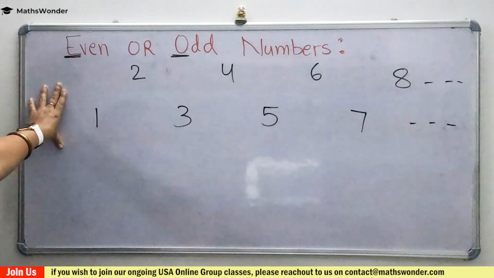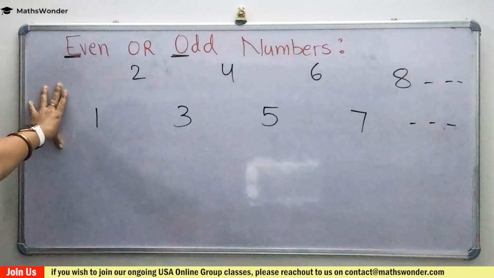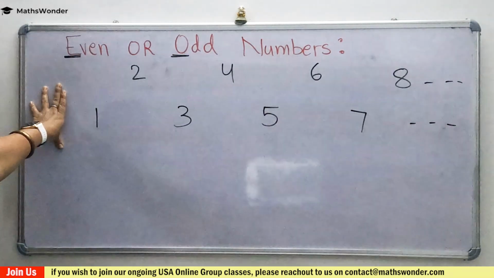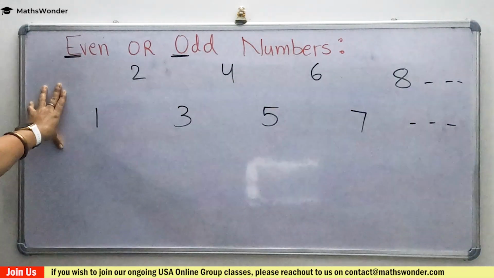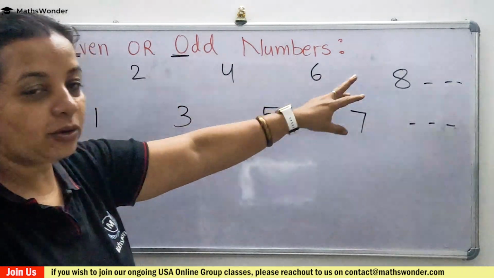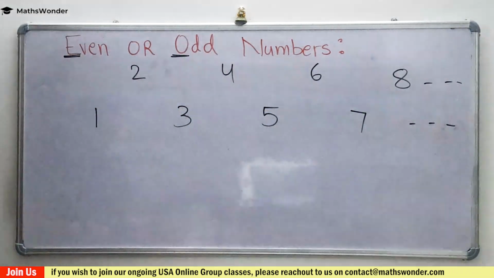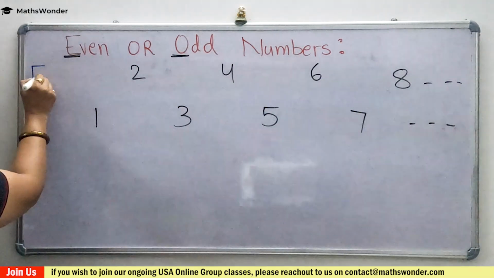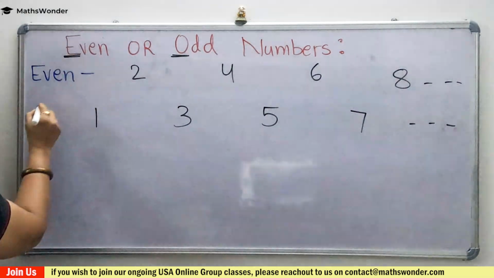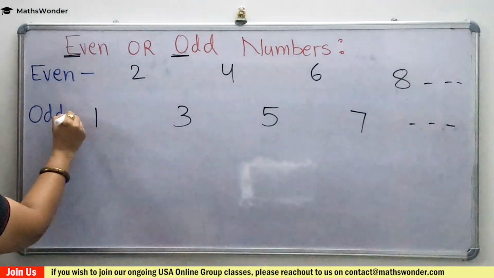A number is called an even number if it is a multiple of 2 or divisible by 2. You can observe here that it is a multiple of 2. So these are the even numbers and these are the odd numbers.